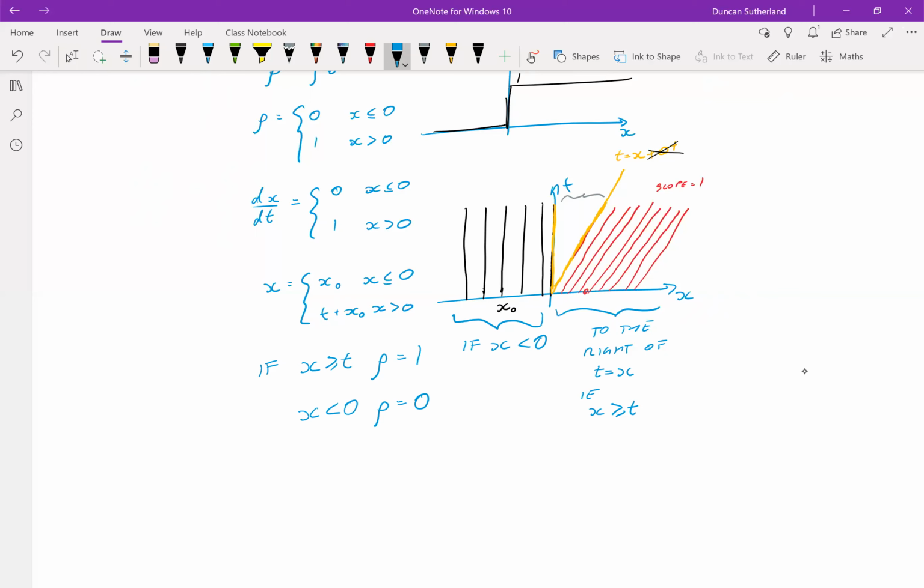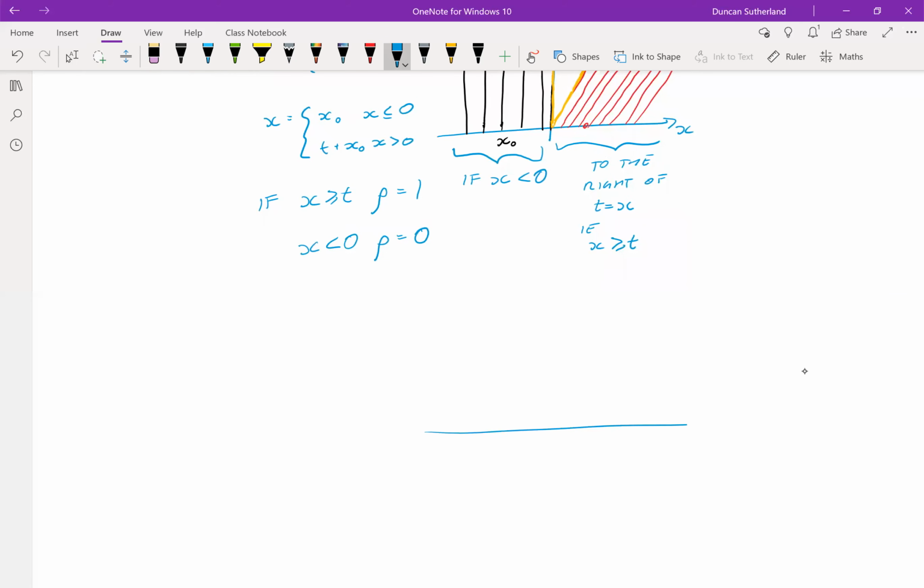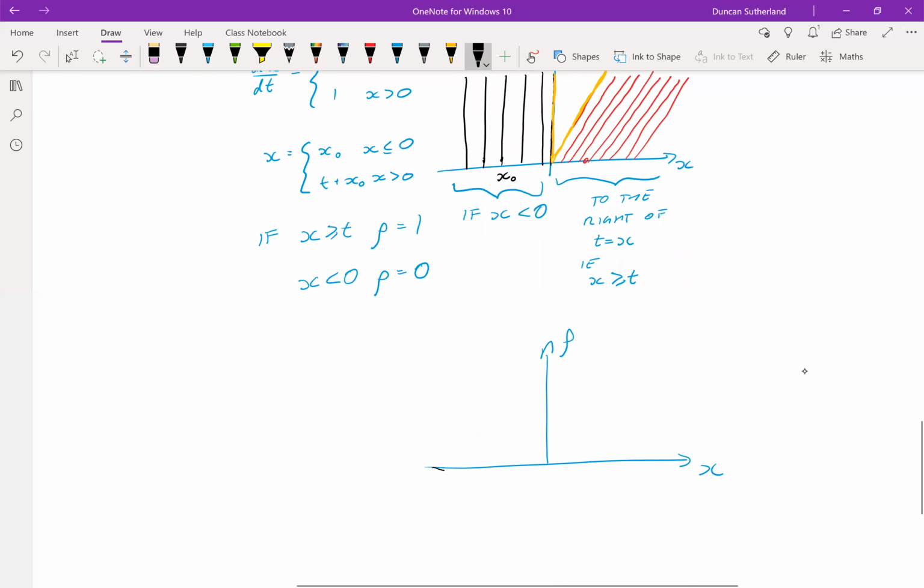That's all we've got so far, right? Which means there's like this evolving gap in our solution. Let's try and sketch out our solutions so far. So this is now rho against x, and I'm going to draw in a couple of times. So at time 0, we've got this.